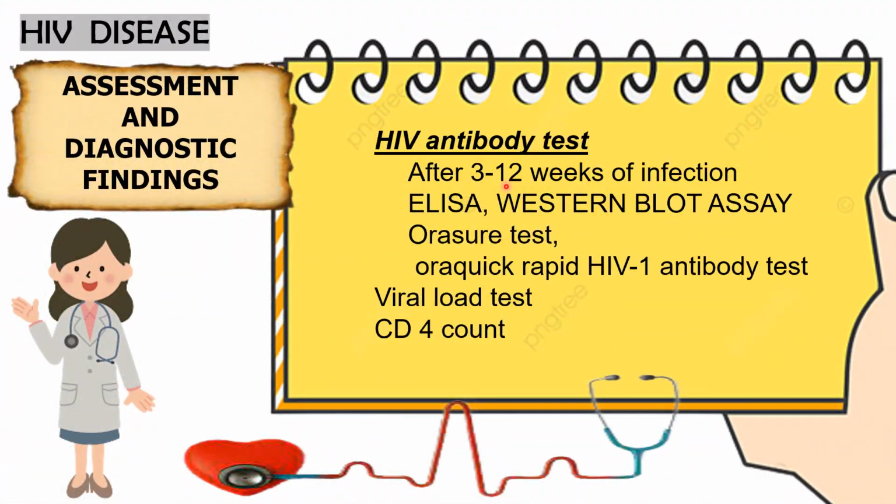So antibody tests. HIV antibodies are usually produced after 3 to 12 weeks of infection. So an antibody positive patient is infected with the virus.